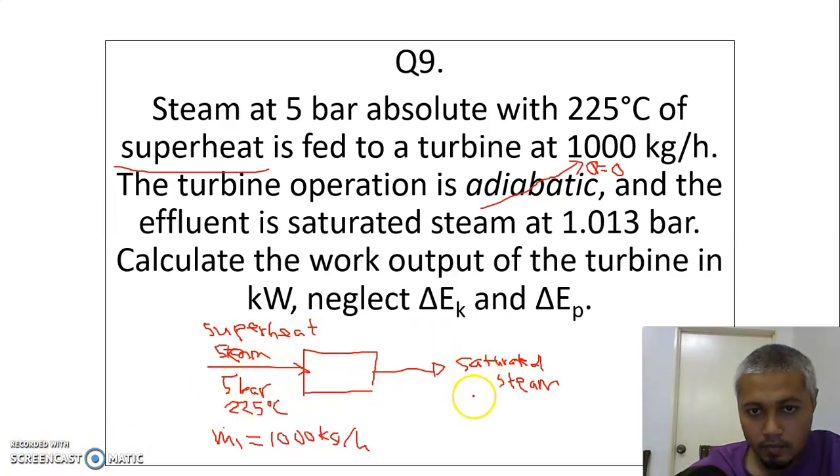And then we have the effluent system at 1.013 bar, this is P in, T in.